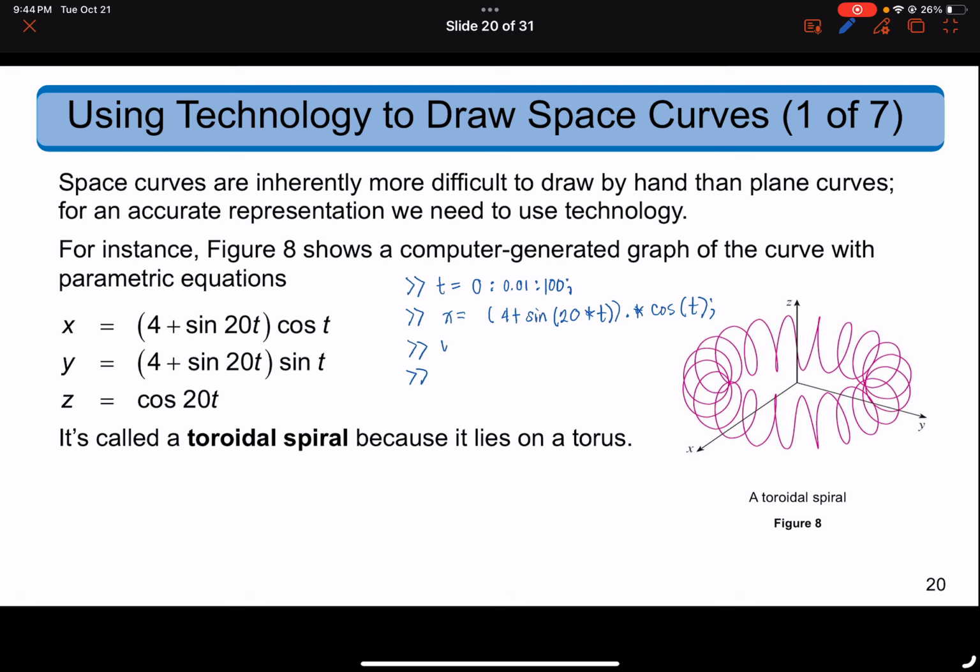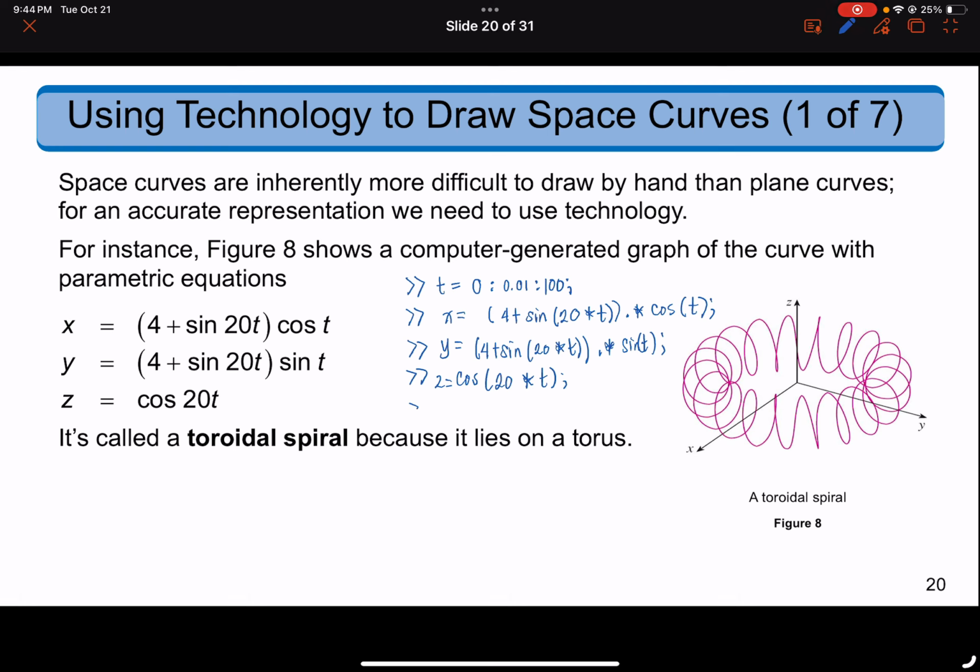We can also have y equal to 4 plus sine of 20 times t, dot asterisk sine t. And then z is cosine of 20 times t, semicolon.